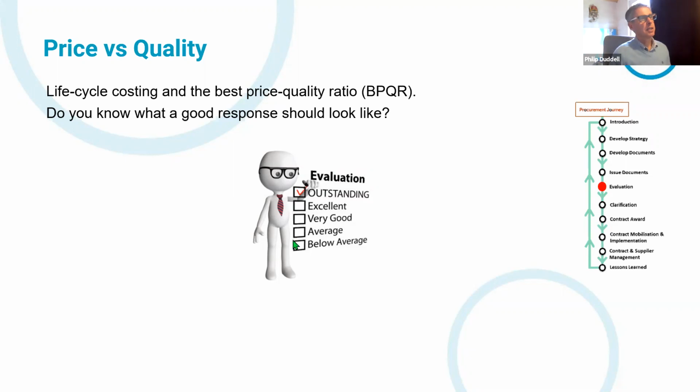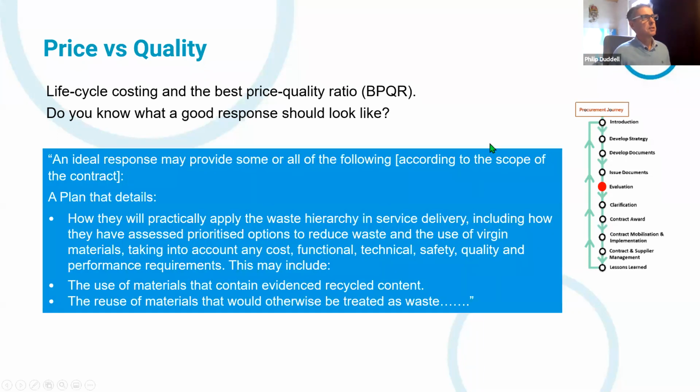And an example is here. This is taken from some guidance that exists. This is not an example that would be provided to the market, but it's just for guidance. So we're saying an ideal response would set out how an organization will practically apply the waste hierarchy in service delivery. We've said that the waste hierarchy and the circular economy are very much aligned. It's not all about waste, of course, but it is an important element.